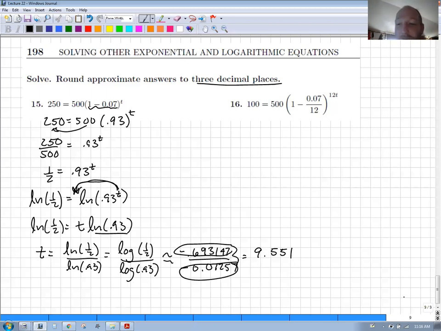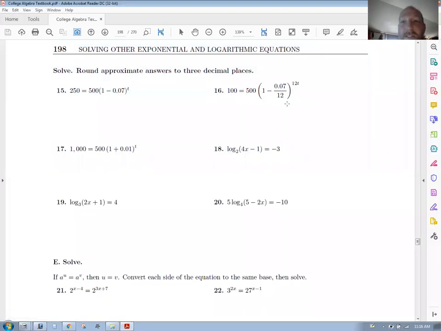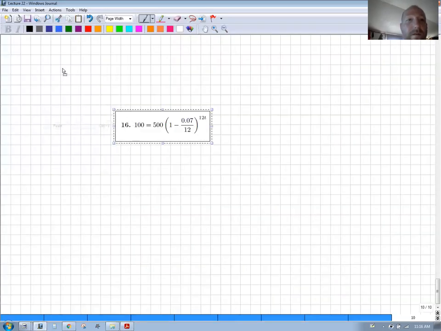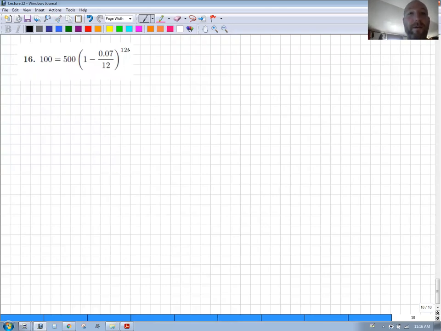Okay, so let's do number 16. Okay, so we have the t is up there in the exponent again. So first, let's figure out what this is. I have 0.07 divided by 12. All right.